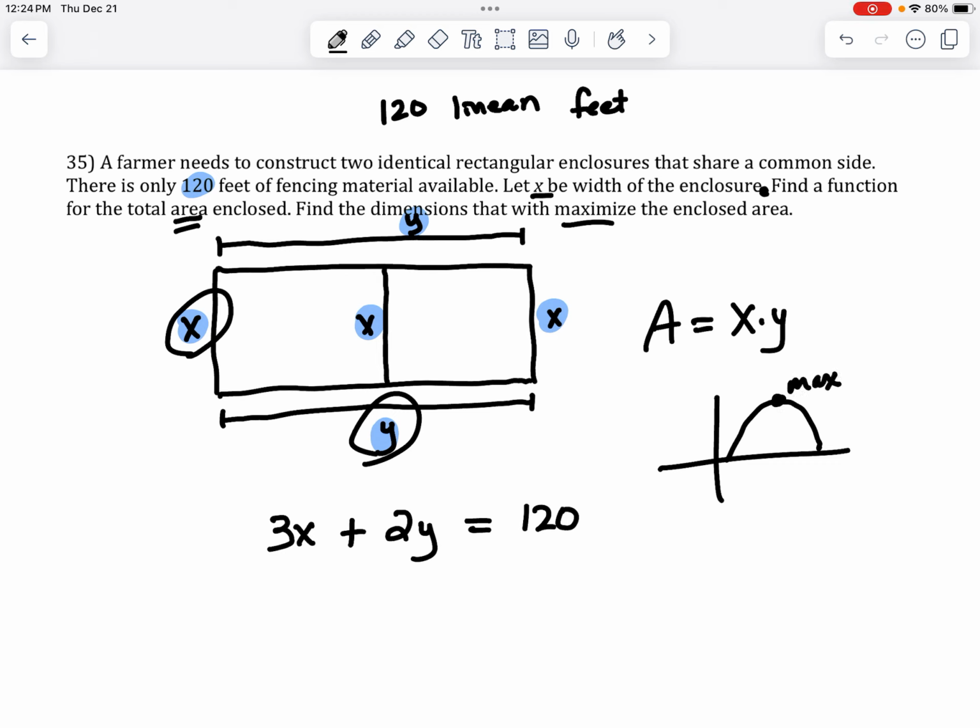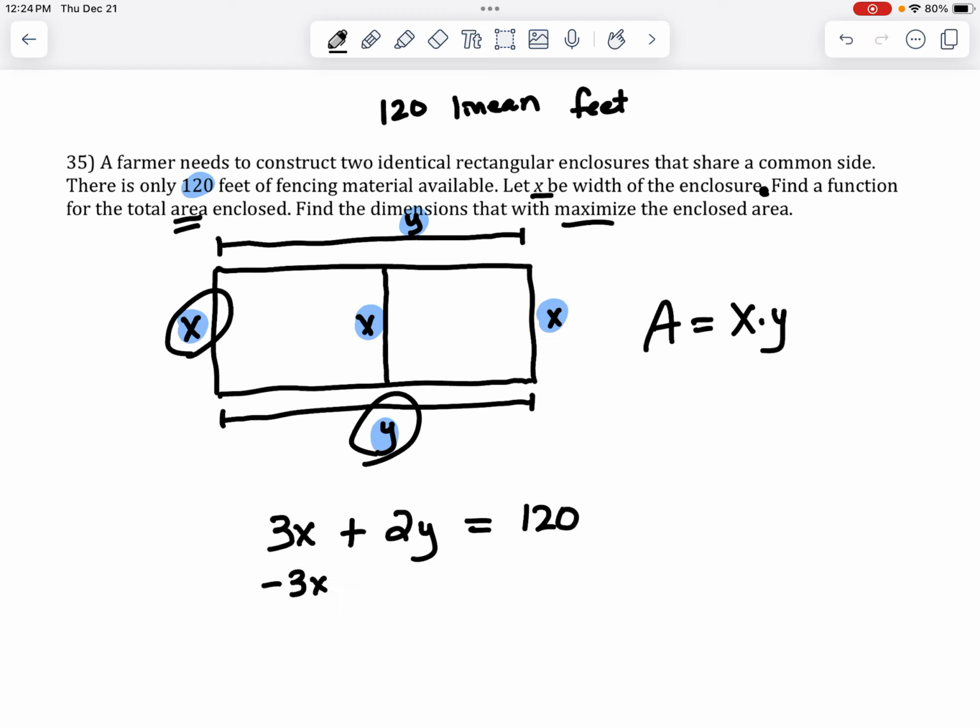But a parabola has x squared, and so far we don't have x squared, but it's going to show up. Because what I could do is, in this equation, I could solve for y. Whatever I get, I plug it into that equation for the y, and then we're going to get a quadratic or a parabola. So I need to solve for y.